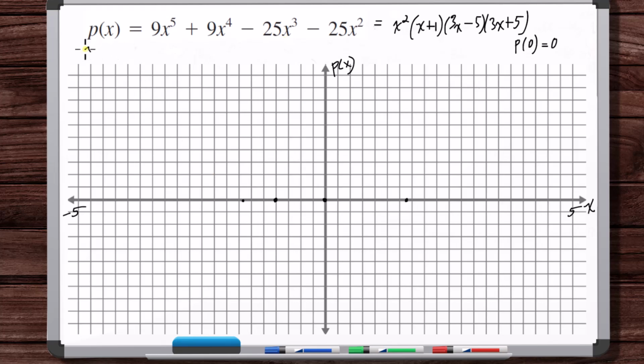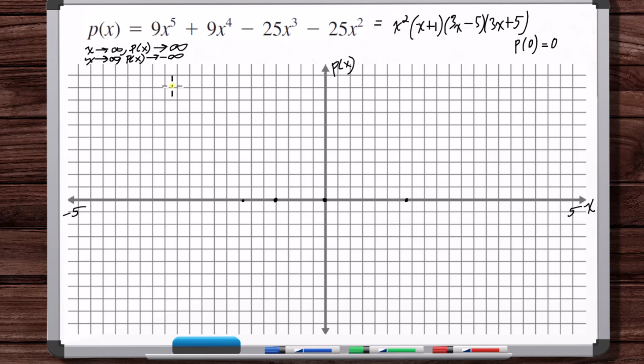Okay, as x goes to infinity, the function goes to what? We're going to look at the first term. Positive coefficient, x to an odd power, so this is going to go to infinity. And just again to point out, this is enough to sketch.